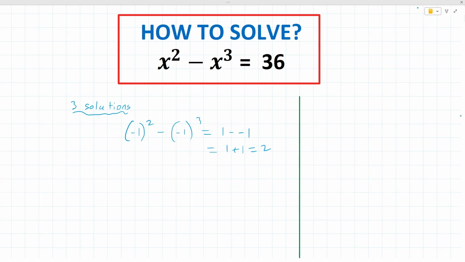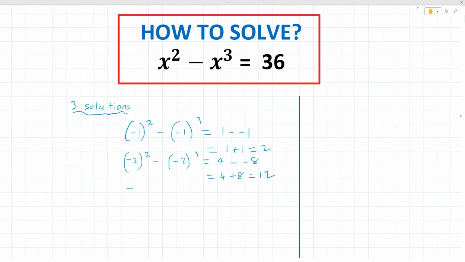That only happens because we took a negative number, squared it, and then subtracted a cube from it. Worth investigating a little further: negative 2 squared is positive 4, and negative 2 cubed is negative 8. So in this case, we get 4 plus 8, which is 12.